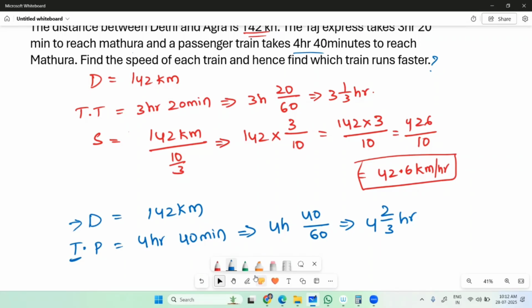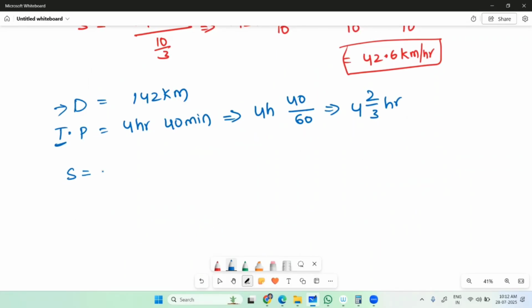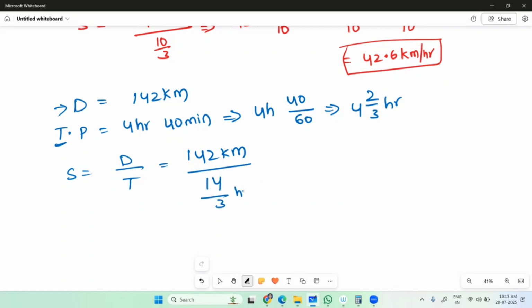So let's find out the speed. Speed equals distance by time. Distance is 142 kilometers and time is 4 2 by 3. 4 2 by 3 means 12 plus 2 is 14, so 14 by 3 hours. Now we can reciprocal here: 142 times 3 over 14.